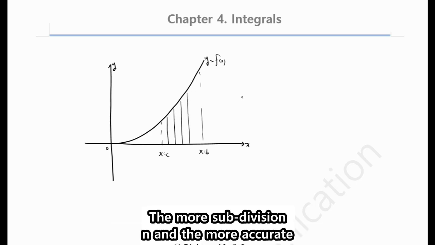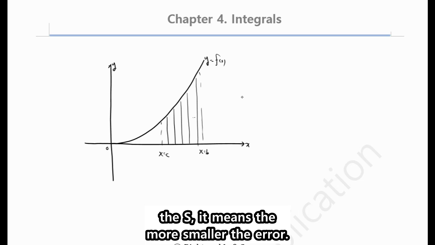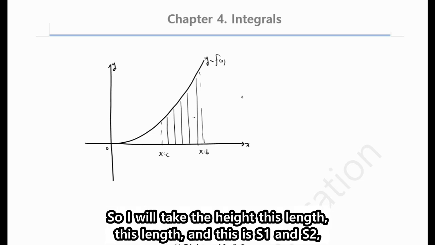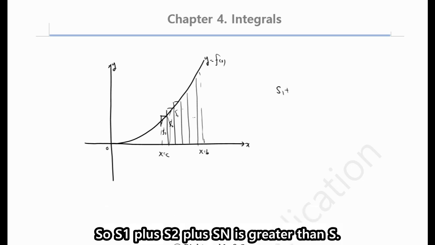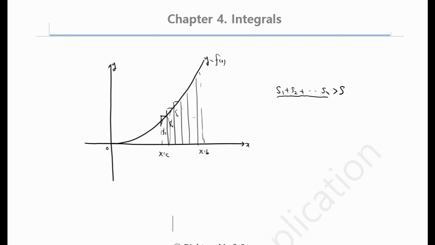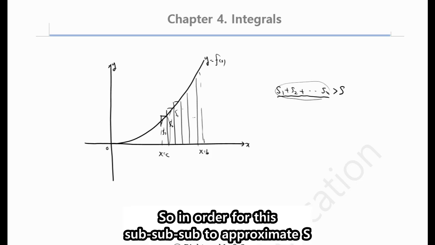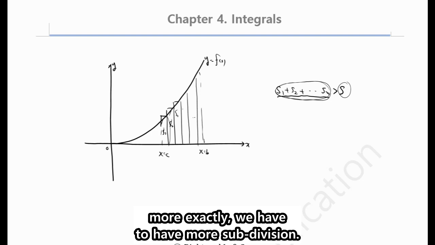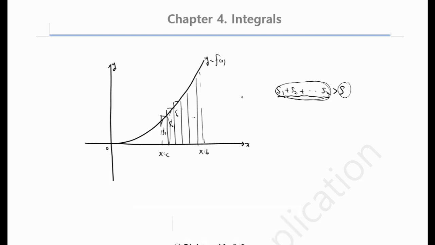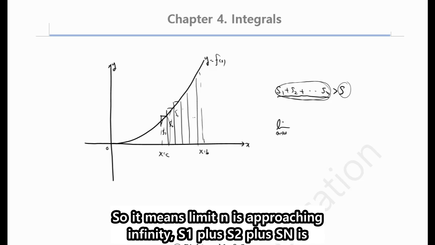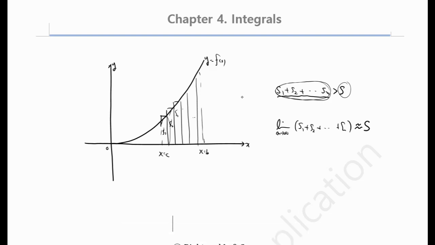The more subdivisions n, the more accurate the approximation of S, meaning the smaller the error. I take the height at this length, and this is S1, S2, S3, and Sn. So S1 plus S2 plus Sn is greater than S. For this sum to approximate S more exactly, we need more subdivisions. As n approaches infinity, S1 plus S2 plus Sn approximates S more exactly.